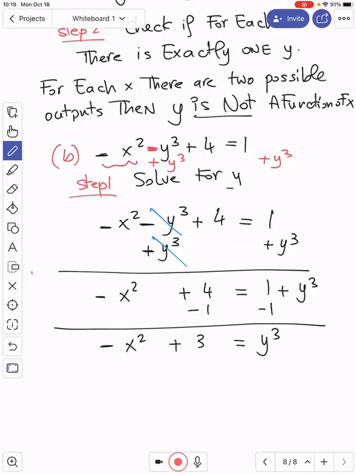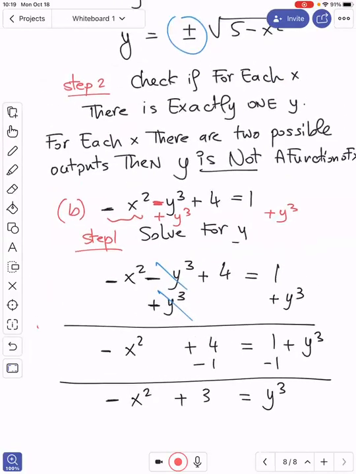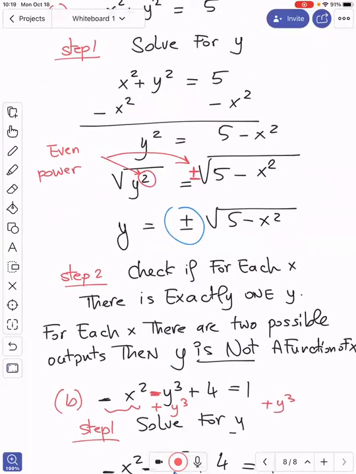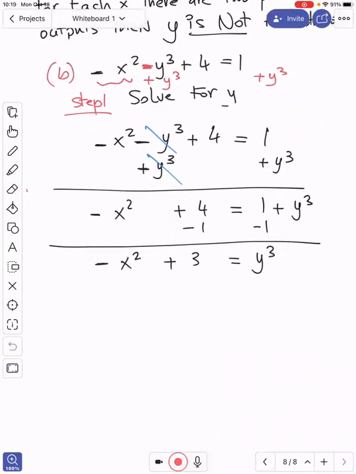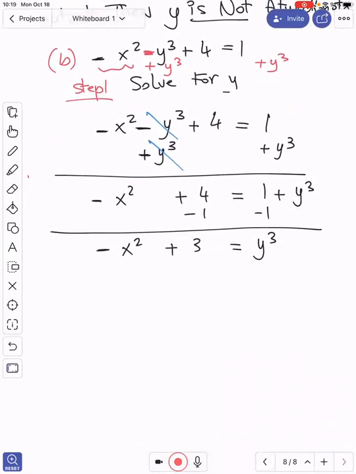And again, this is different from A because in A I had plus y squared, so I didn't have to change the sign of the y squared. That's why I just subtracted the x squared and got my y. But here it's because it's a minus y cubed instead of plus y cubed. Does this answer your question? You see the difference with A?